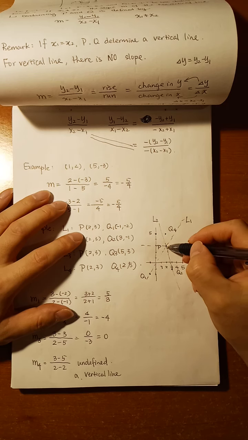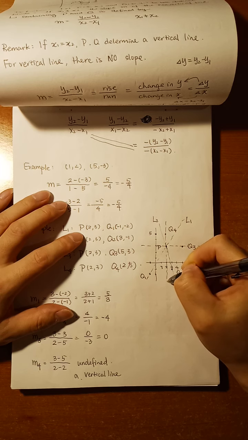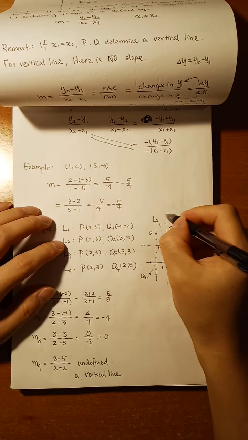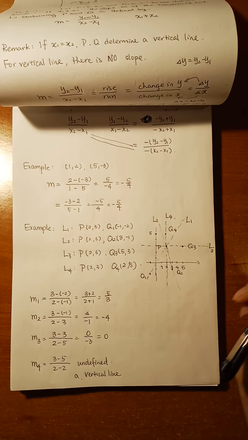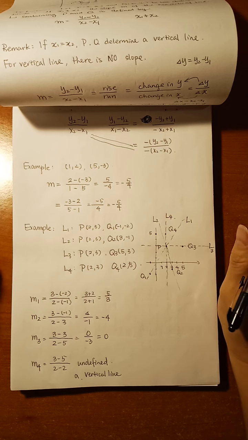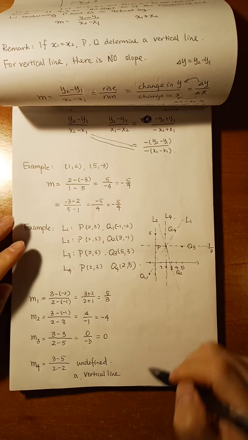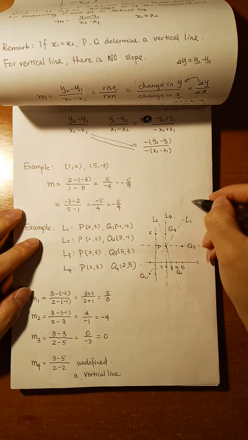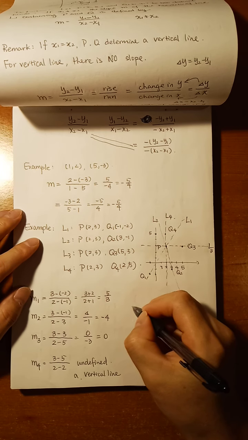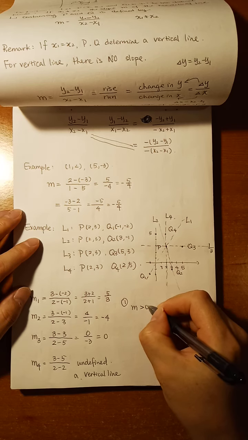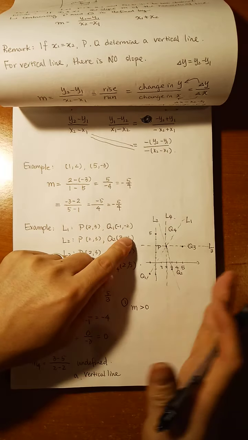So what is a vertical line? See this one, it's exactly a vertical line. So this is L4. Okay, from this computation, let's check. This is L1, which has slope 5/3. If the slope is positive, the line slants upward from left to right.